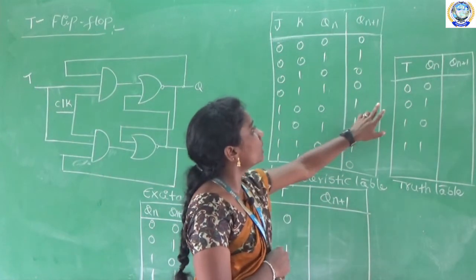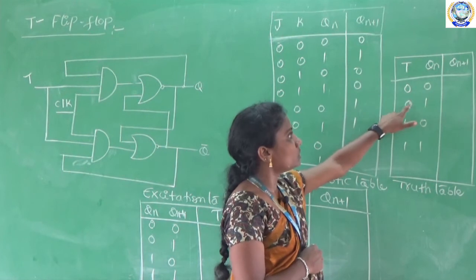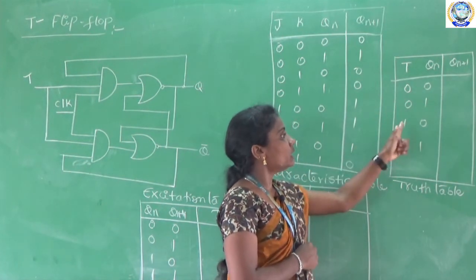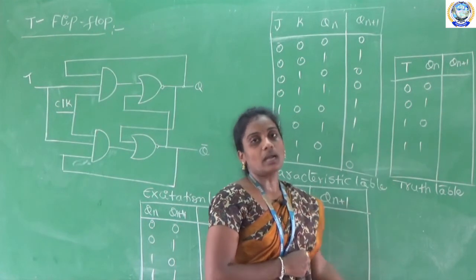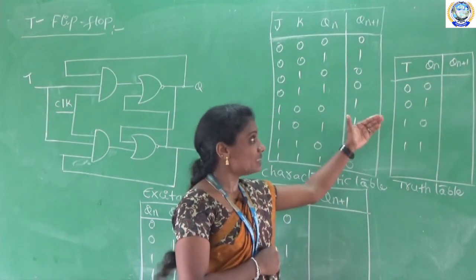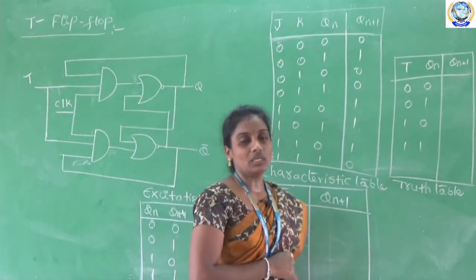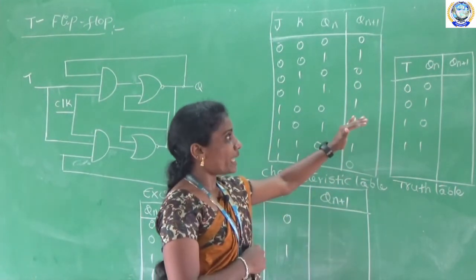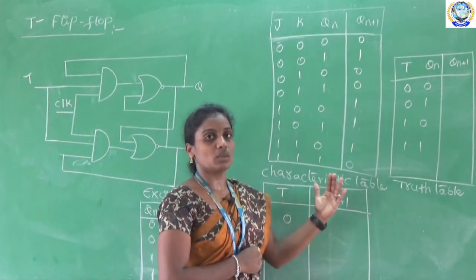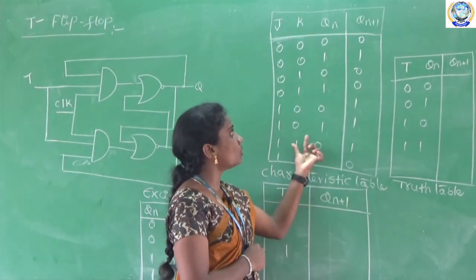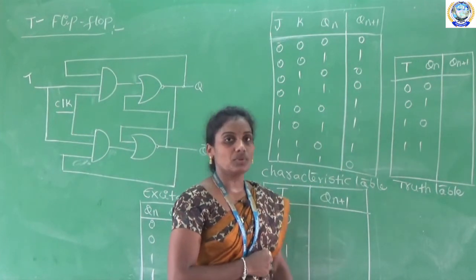Here I am considering the inputs T and Qn: T equal to 0 and Qn equal to 0, T equal to 0 and Qn equal to 1, T equal to 1 and Qn equal to 0, T equal to 1 and Qn equal to 1. In these input conditions, now we see what the next state of the T flip-flop is, using the truth table of the JK flip-flop.